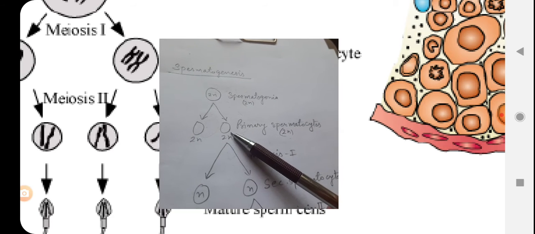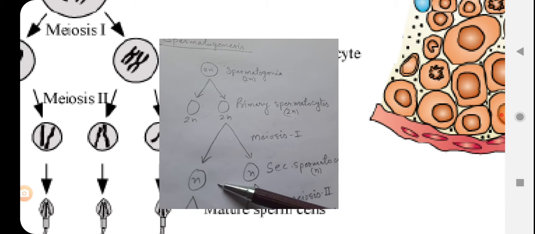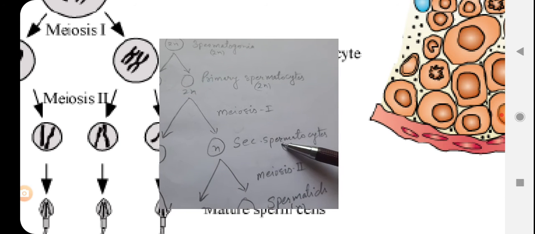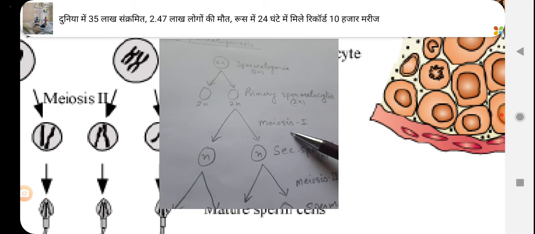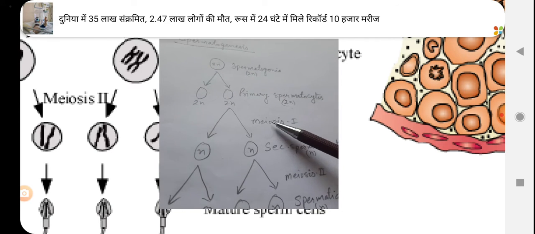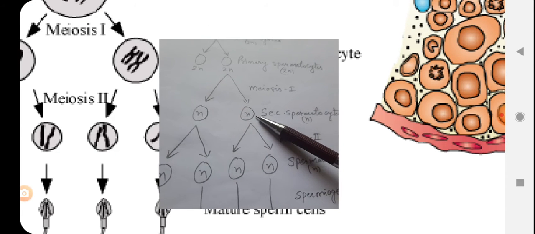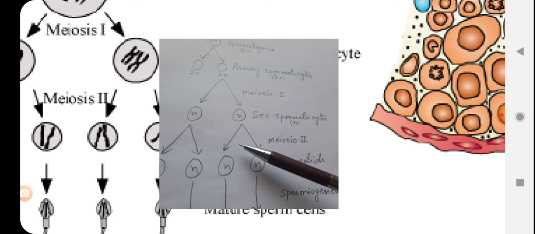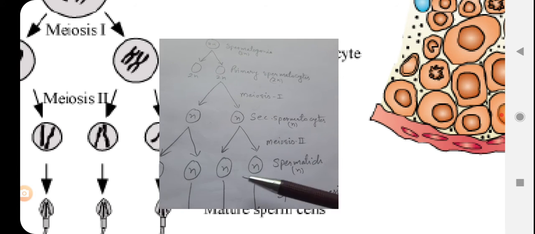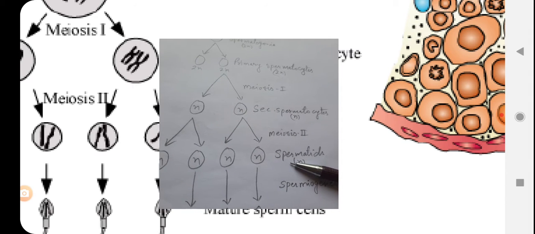Each spermatocyte now divides by meiosis first and forms haploid cells called secondary spermatocytes. This is meiosis first. This process all is taking place at the time of puberty in males. Both of the secondary spermatocytes divide by meiosis second and form four haploid cells called spermatids.